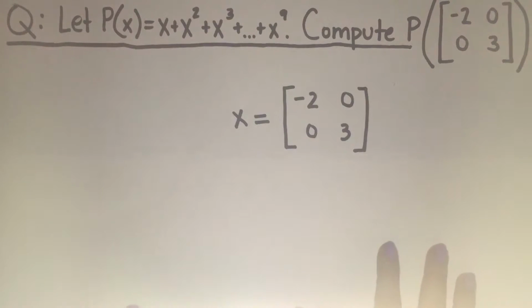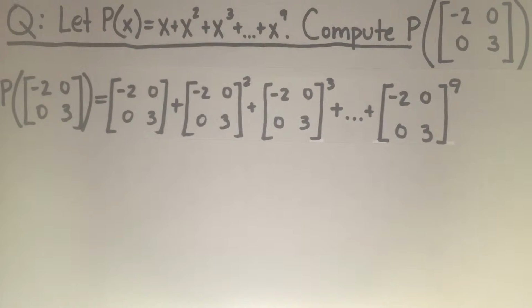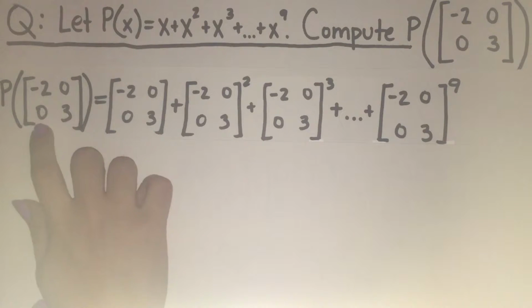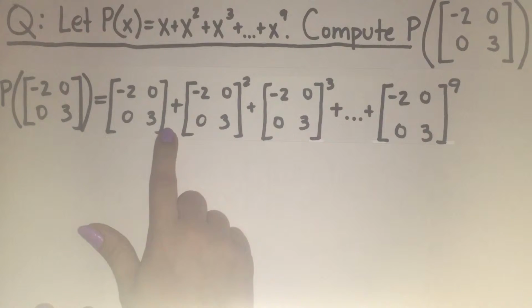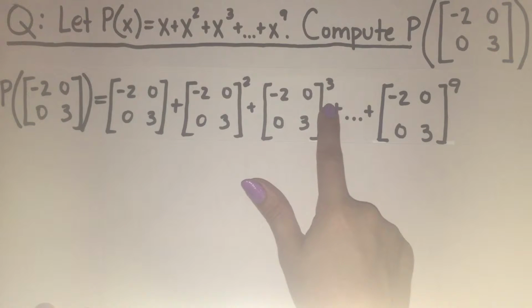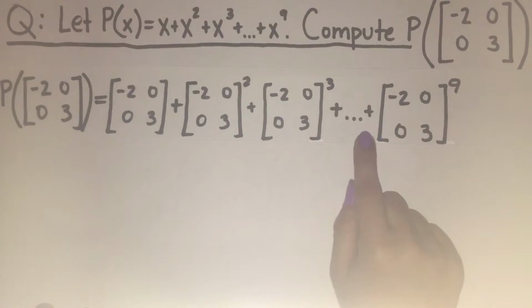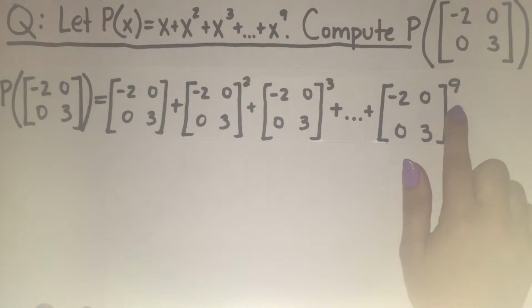Therefore, we know that if p(x) equals x plus x to the second power plus x to the third power plus ... plus x to the ninth power, then p of the matrix with entries -2, 0, 0, and 3 will equal the matrix raised to the first power plus the same matrix raised to the second power plus the same matrix raised to the third power plus ... all the way to plus the same matrix raised to the ninth power.